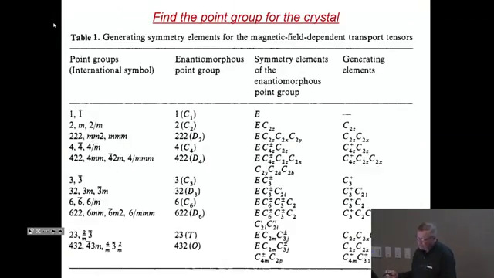So what you have to do is you take your crystal, and you can have it in its enantiomorphous group. You can have it in symmetry elements. You can have it in point groups, which is the one thing that I like best. Then your more complicated cubic structures here, or monoclinic, and hexagonal.